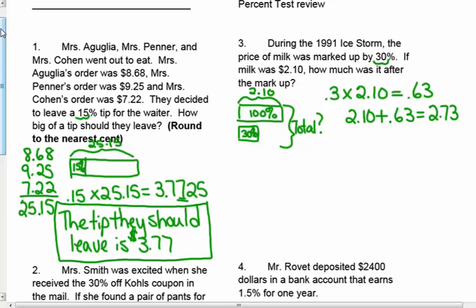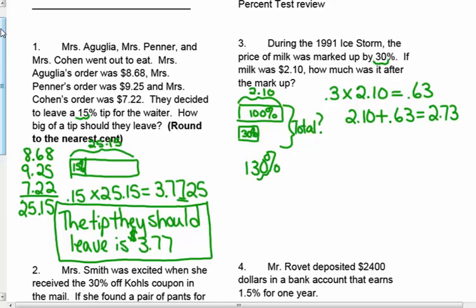Method 2 says, look at this picture, this bar model. I am going to pay all $2.10 plus another 30% more, so all 100% of that $2.10 plus another 30% more, which means I could use the percent 130%. This is method 2.